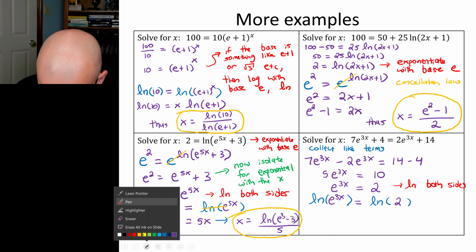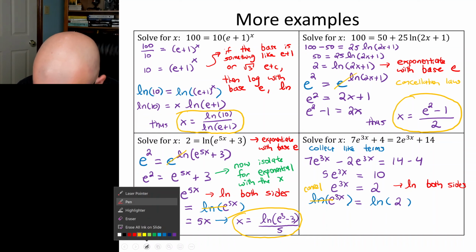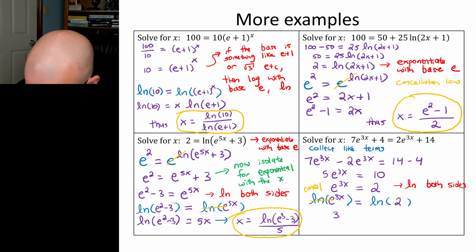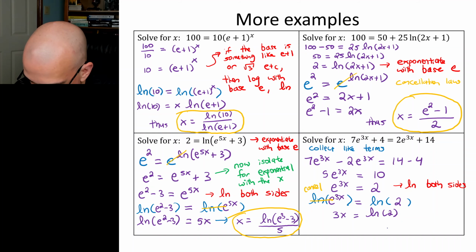On the left side I have a cancellation. So 3x equals ln 2. And the last step, divide both sides by 3. So x is equal to ln of 2 all divided by 3.